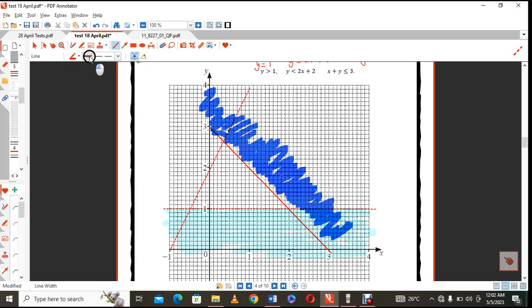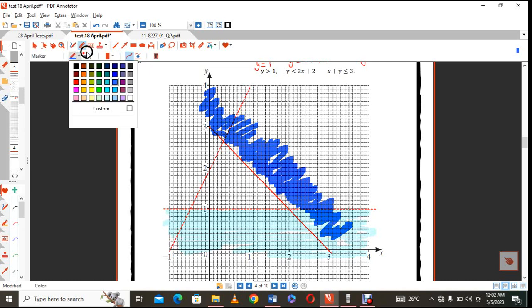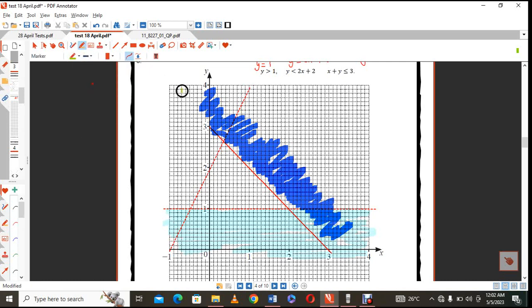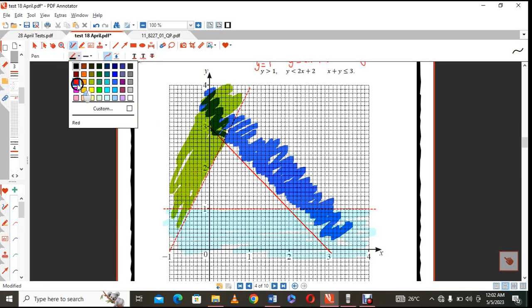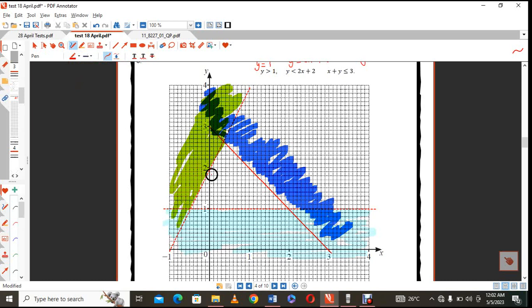And I said what we need to shade is what is above the line. So this region is supposed to be shaded. Very important for those dotted lines. If not, you'll have a problem. And then they were asking you to label the region that satisfies all these three inequalities, to label it R.